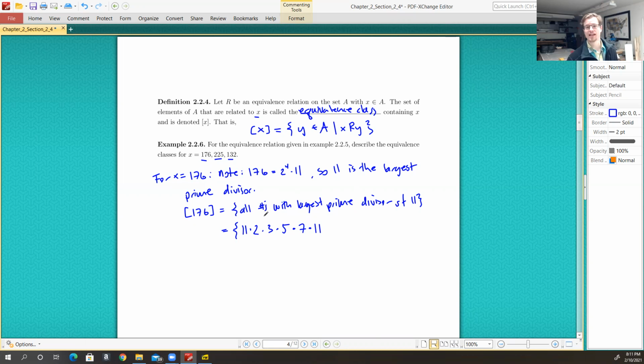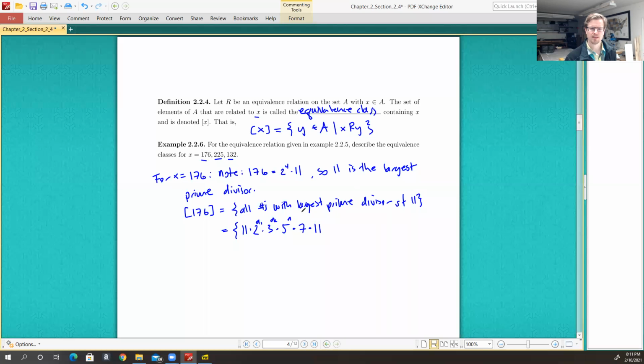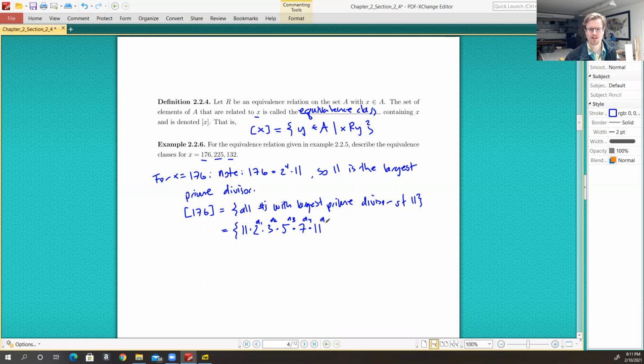So 2, I could have to any power. I'm going to write it as 2 to the a sub 1. And then I'm going to have 3 to the a sub 2, 5 to the a sub 3, 7 to the a sub 4, and 11 to the a sub 5. So 2 to a power, 3 to a power, 5 to a power, 7 to a power, and 11 to a power.